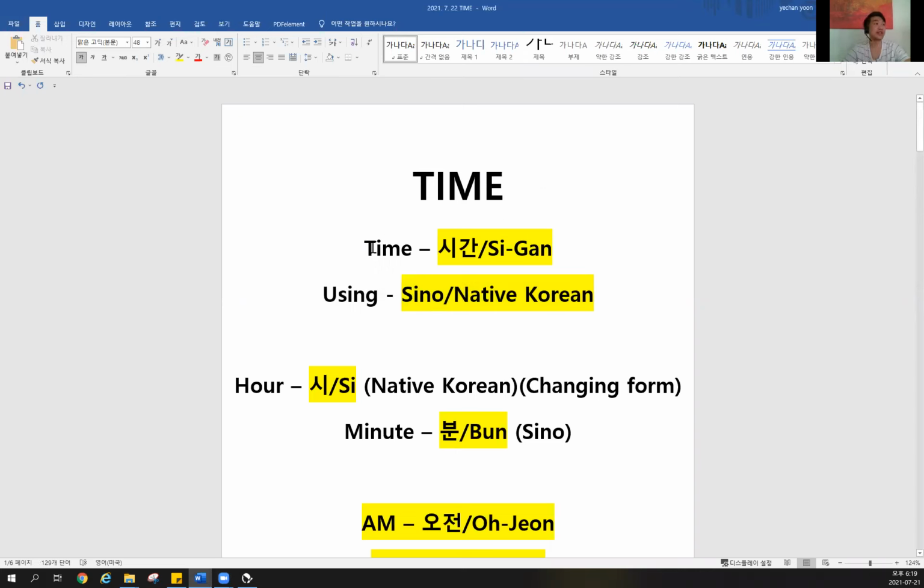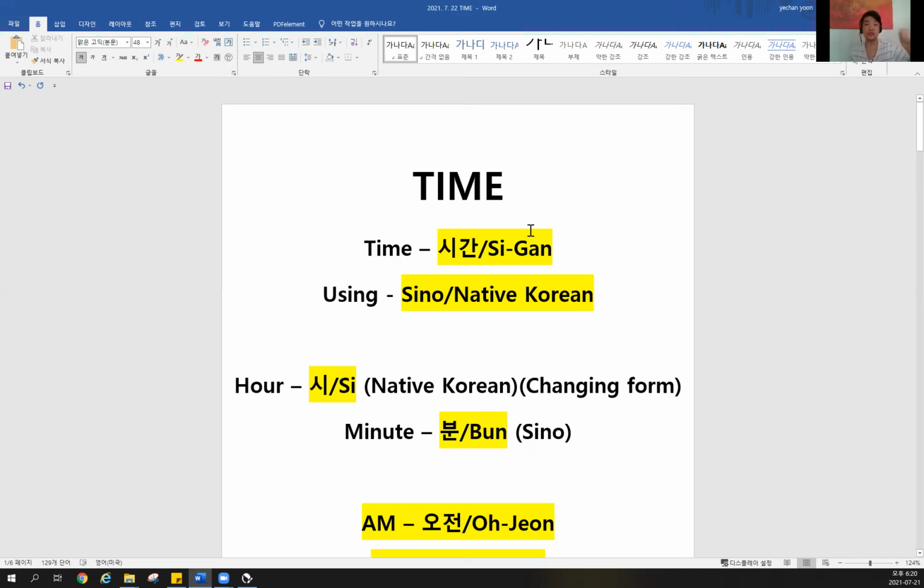Time can be written with 시간. We're going to learn how to calculate, write, and read the time. With the time we use Sino and native Korean at the same time, so please remember that.